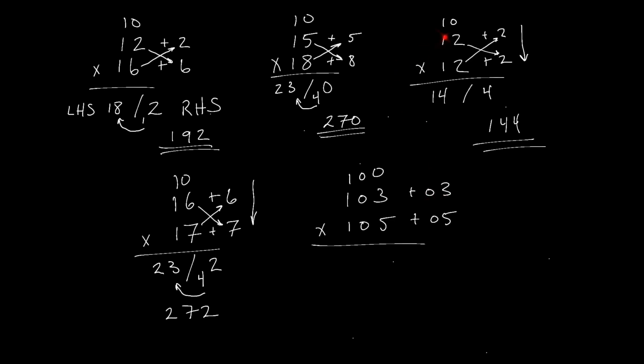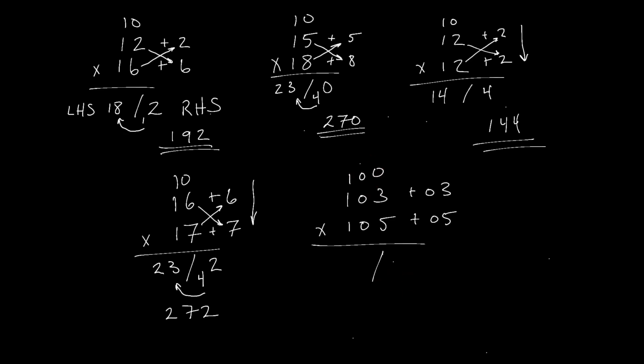Up here, for example, we only had 1 zero in the base, so I only put 1 digit here. Here we have 2 zeros, so I'm going to put 2 digits here. That also means that the right-hand side will have 2 digits. Remember, however many zeros are in the base number we're working off, that's how many digits are going to be in the right-hand side.